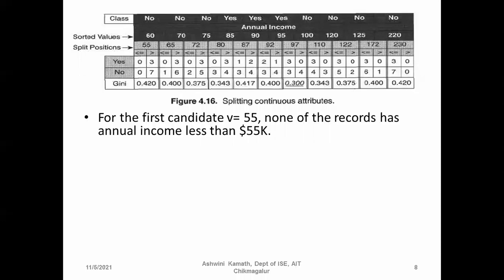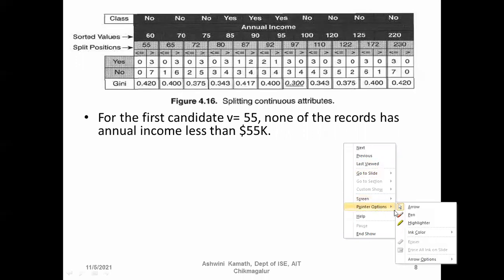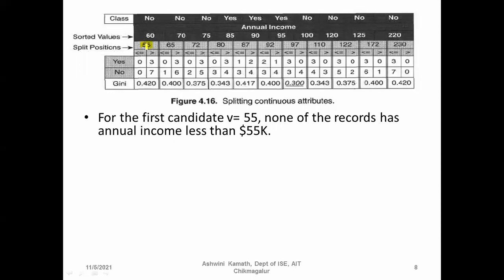Then for the first candidate, B is equal to 55. Split position we have got, that is 55. And here none of the records has annual income less than 55K.